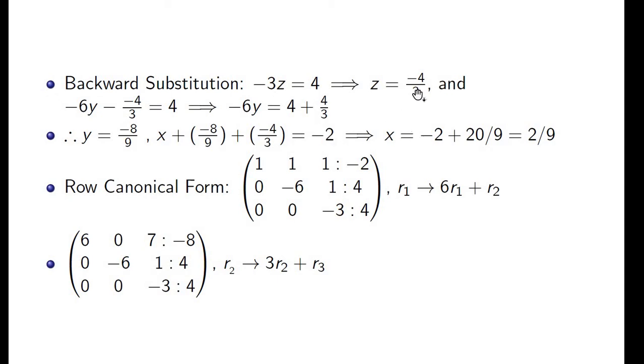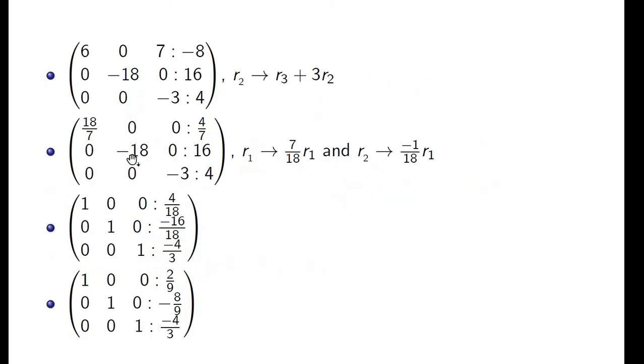Recall, we got z to be negative 4 over 3 once our system was reduced to echelon form, and then we solved it by backward substitution, and we got x to be 2 over 9, and y to be negative 8 over 9, which is exactly the same as what we have in the matrix that is in row canonical form.